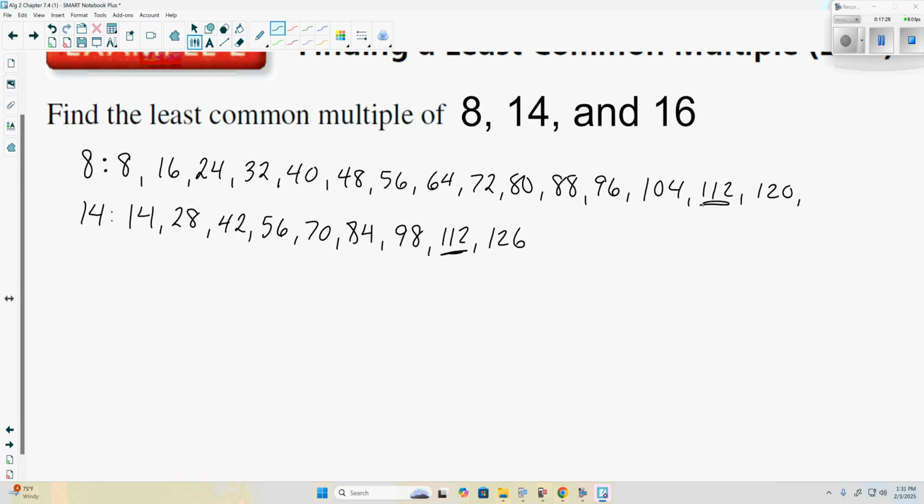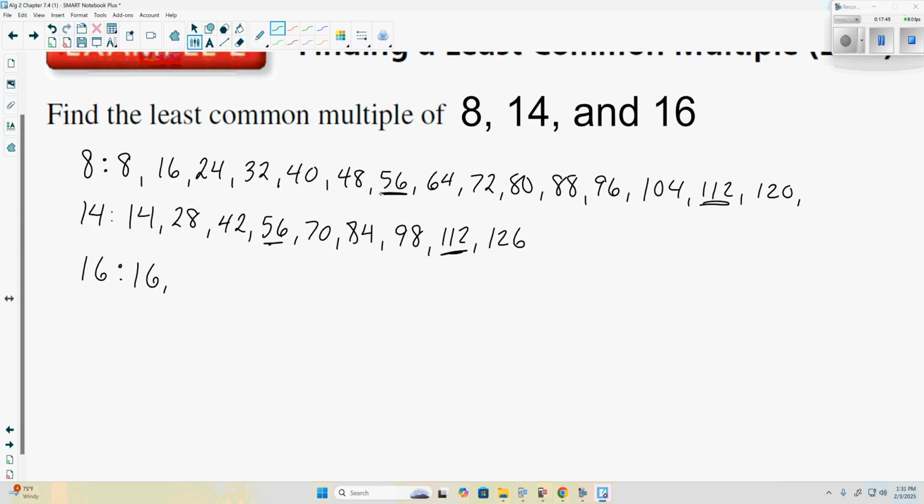Now we can do the same thing with 16. And hopefully 112 works, because if it does, it's going to be our least common multiple. If not, we're going to have to keep going out farther. Oh yeah, 56 does work. I missed that one. So 56 or 112.